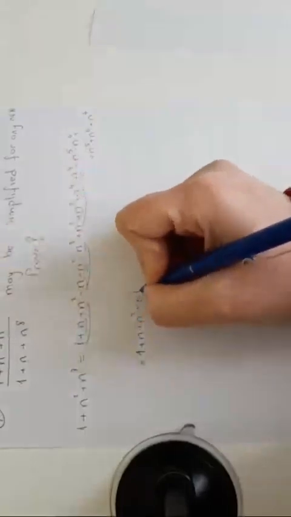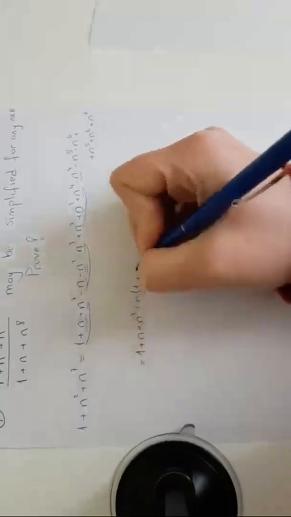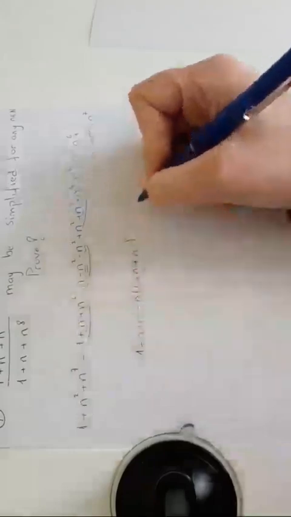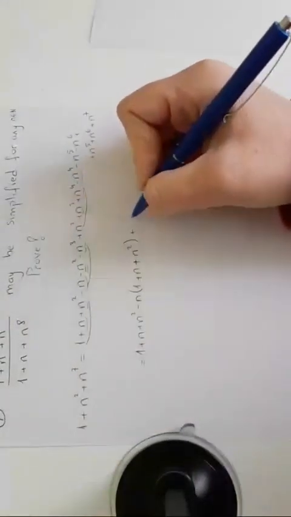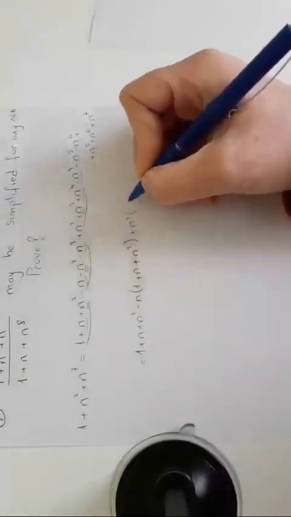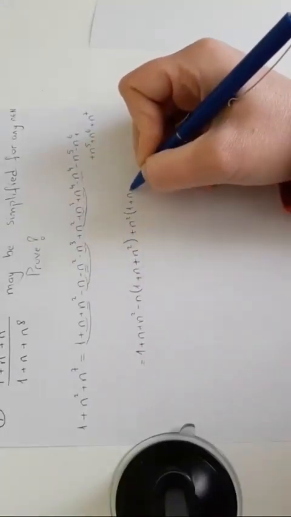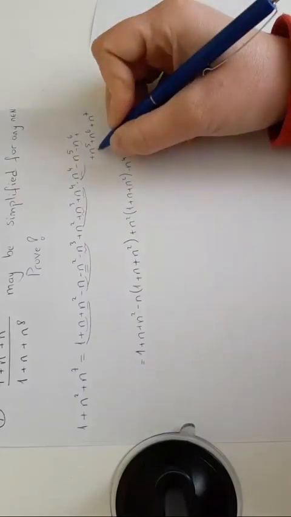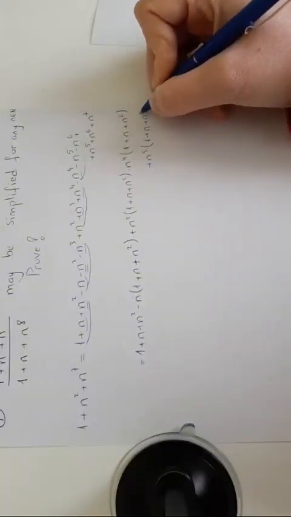It will become 1 plus n plus n square. And here the common term is n square. I will take it in front of the parentheses. It will be 1 plus n square. So here it is minus n to the power of 4. So it will be 1 plus n square. And in the last one, 1 plus n square.